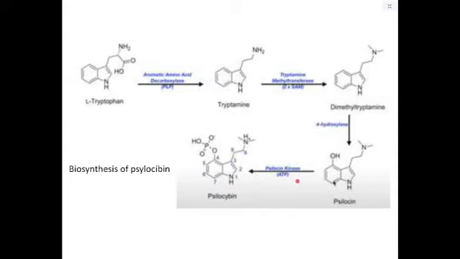Then you have the psilocin kinase, which will add the phosphate at that position. So this is how the mushrooms synthesize psilocybin and psilocin.